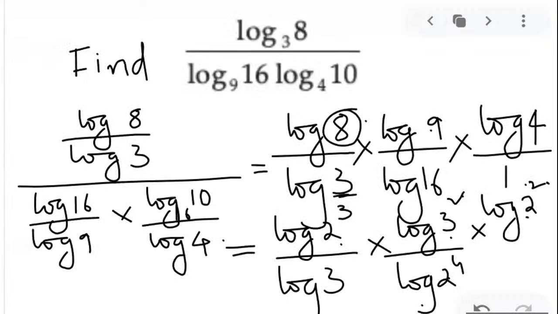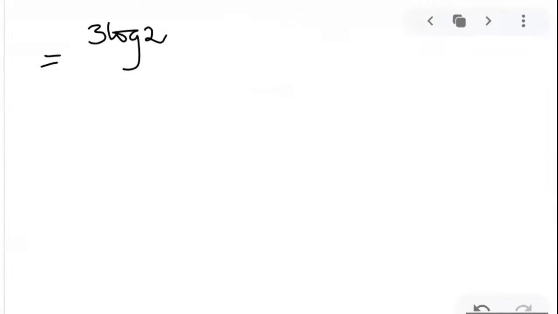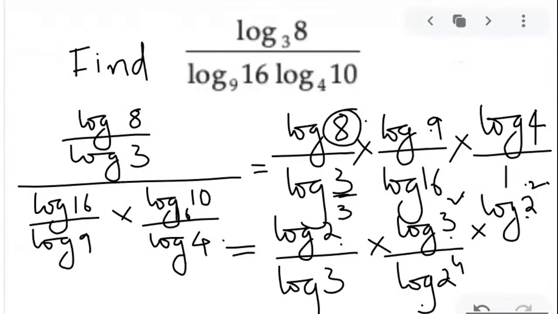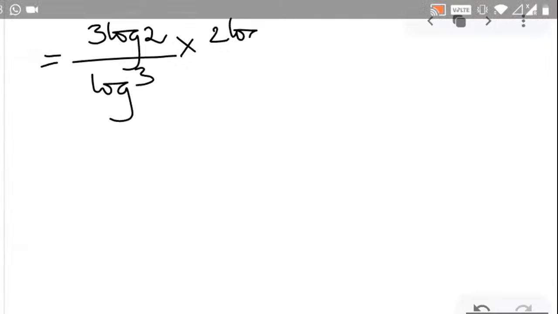Okay. So first one is log 2 power 3. That will become 3 into log 2 divided by log 3. Log 3 square will become 2 into log 3.